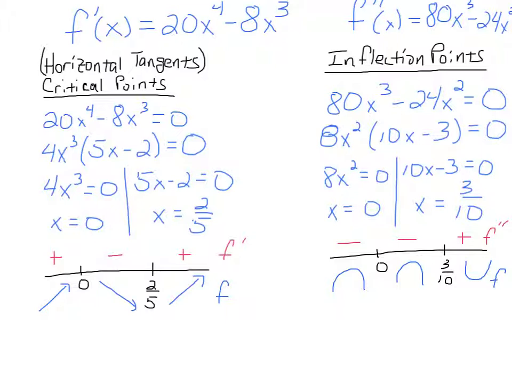So that means our original function is concave down from negative infinity to 0. It's concave down from 0 to 3/10, and it's concave up from 3/10 to positive infinity. What's elucidating with doing these sign charts is you can already see what the shape of the graph is going to look like.